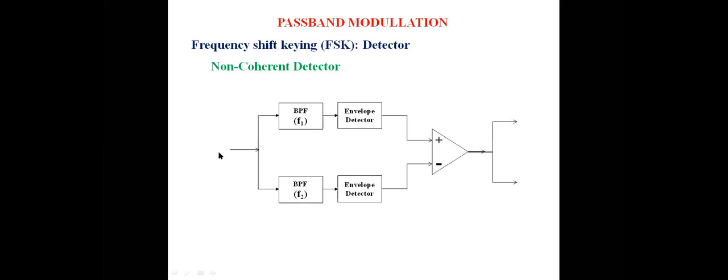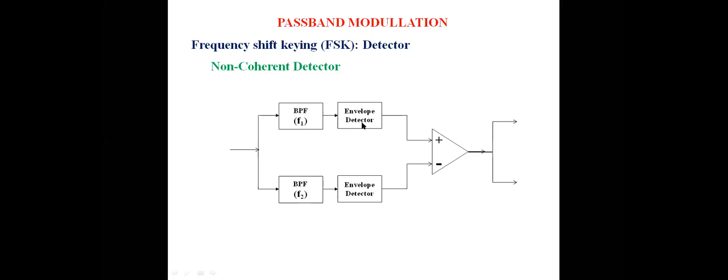Let me give a simple example here. If the input is an FSK with F1, only the upper band pass filter will allow it, whereas the lower band pass filter will not allow it. So the output of the lower band pass filter is 0, whereas the output of the upper band pass filter is the same input. That is, if the input is cos 2 pi f1t, the output is AC cos 2 pi f1t, where the amplitude is AC. And what about the output of the envelope detector when the input is AC cos 2 pi f1t? The output is only the envelope. The envelope of the cos term is AC.